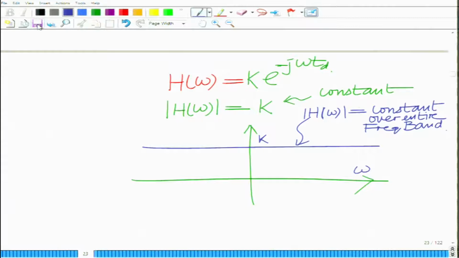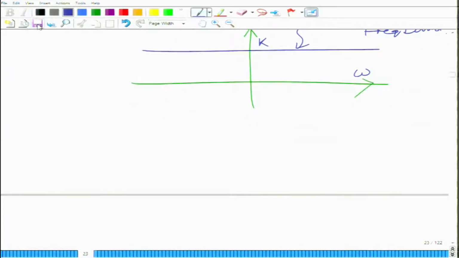And if you look at the phase, if you look at the angle of H(omega), or theta_h, that is the angle of H(omega), you can see this is minus omega t_d, and if you look at this quantity, this has a linear characteristic, this is linear in omega.